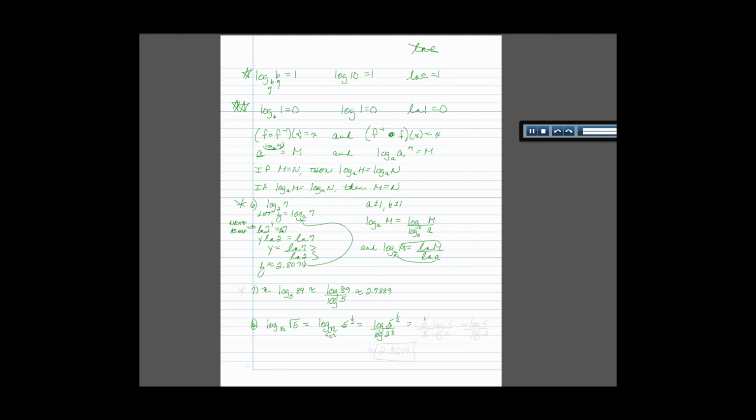But I can bring those 1/2s out front, and those cancel, and I end up with log base 10 of 5 over log base 10 of 2, which is approximately equal to 2.3219. Kind of tricky, this change of base formula. Again, see the summary of properties of logs in your textbook on page 456.